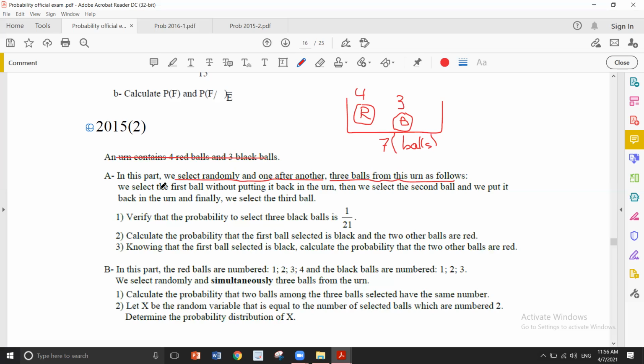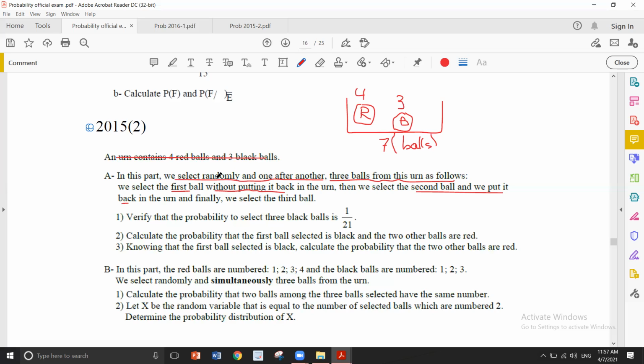We select the first ball without putting it back. We select the second ball and we put it back. And finally, we select the third ball.